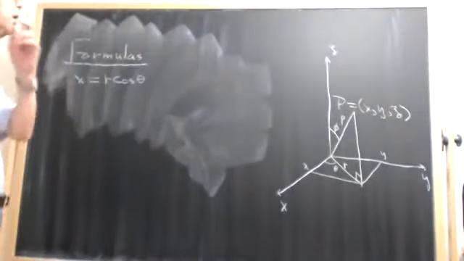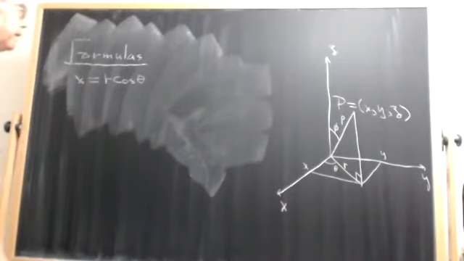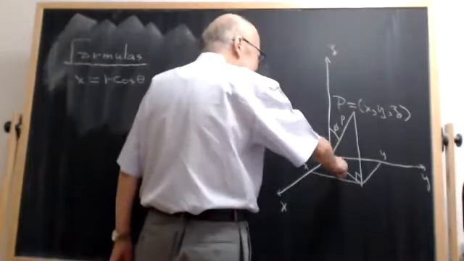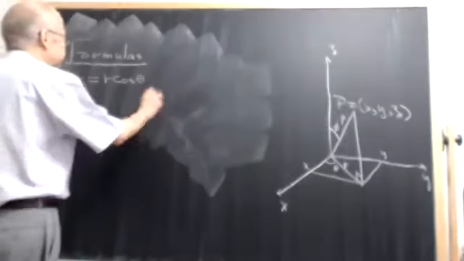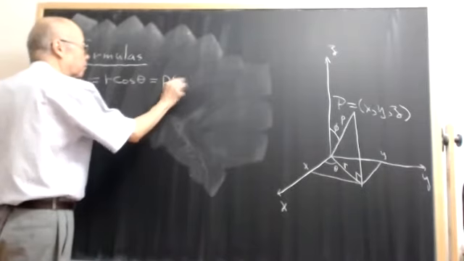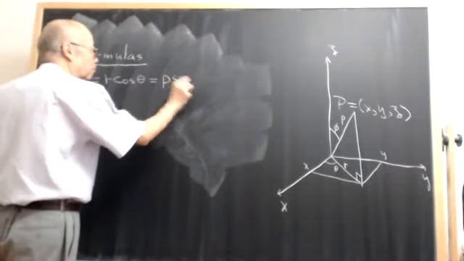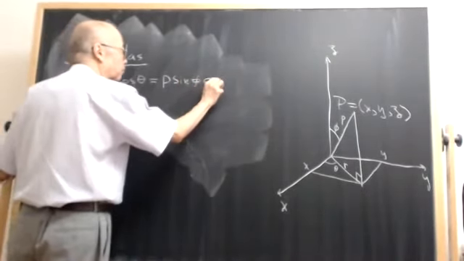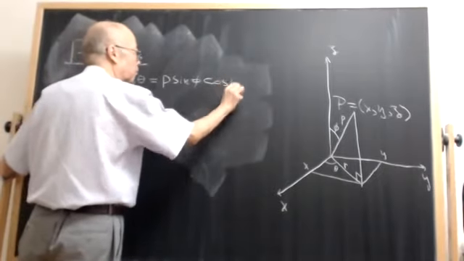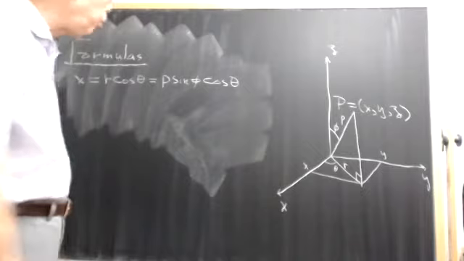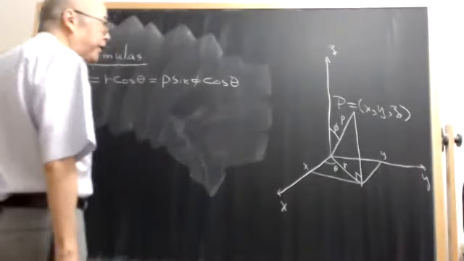So R is equal to rho sine phi. So x is actually given by rho sine phi cosine theta.